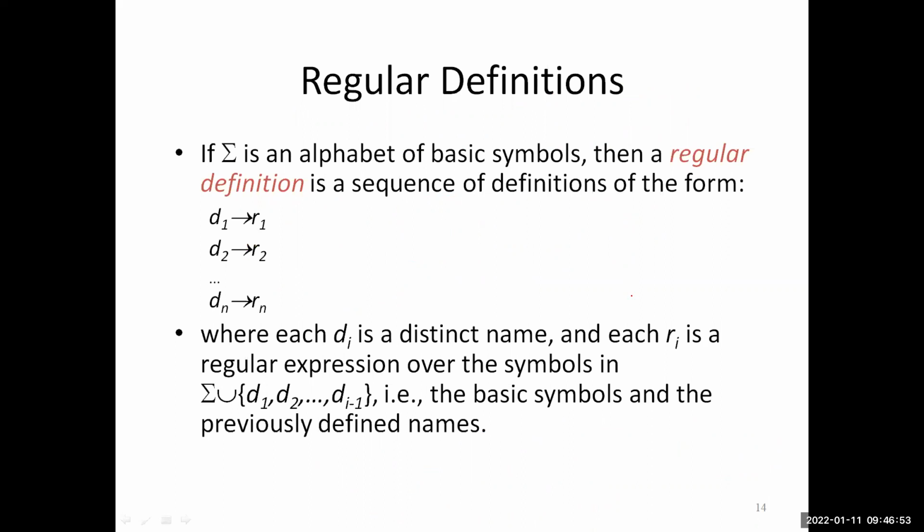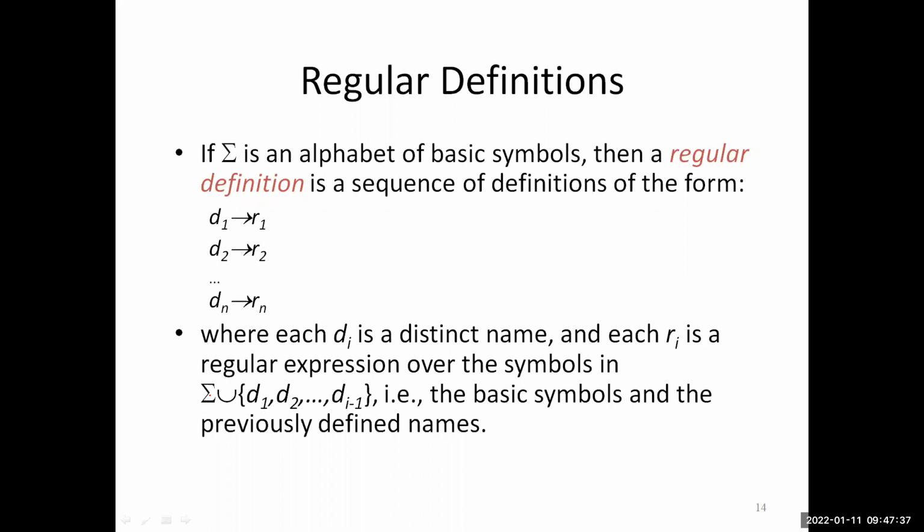So the regular definition is a sequence of definitions of the form R1 represented by definition 1, R2 represented by definition 2, Rn represented by definition n, and so on, where each definition is a distinct name and each R is a regular expression over the symbols in sigma. Whenever we define a complex regular expression, it is always advisable to utilize regular definitions to represent it very specifically in an easier way.